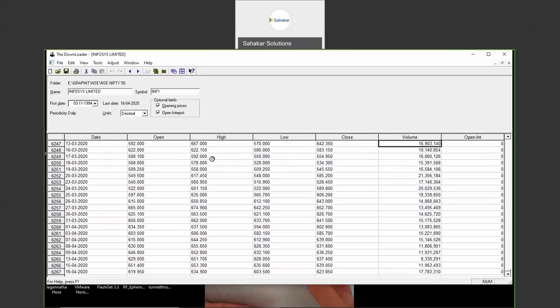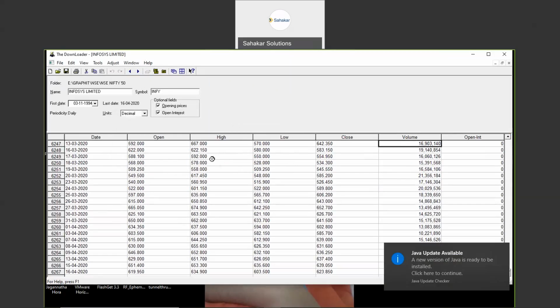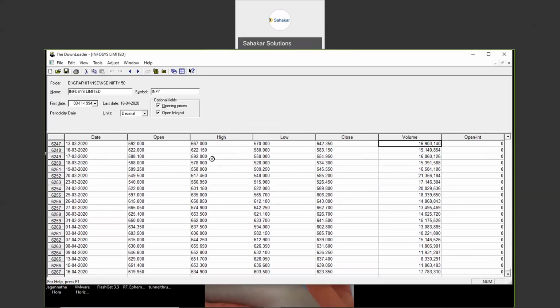Seeing it with the naked eye, it will be difficult for us to judge whether the script has potentiality to move up or move down. As mentioned by me in the previous videos, the ultimate objective of investments in shares or in any other avenues is to make profit, and profit is made by buying at low and selling at high.